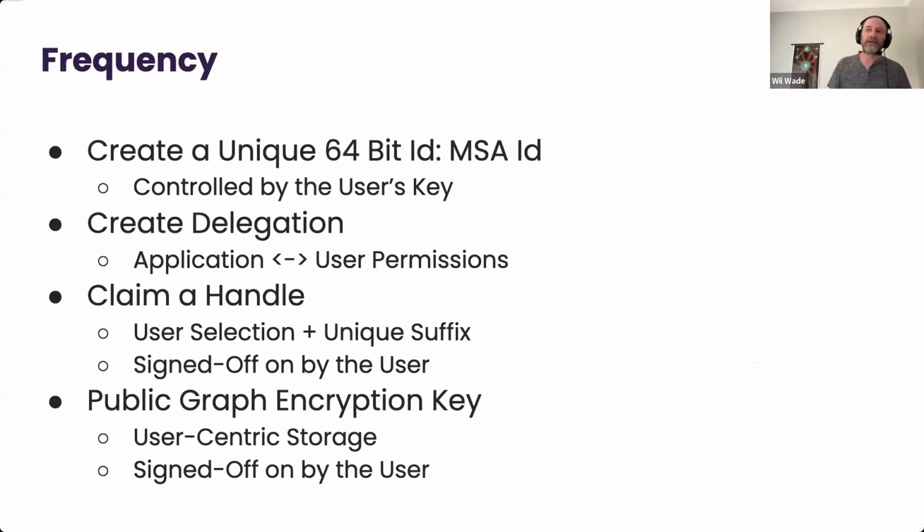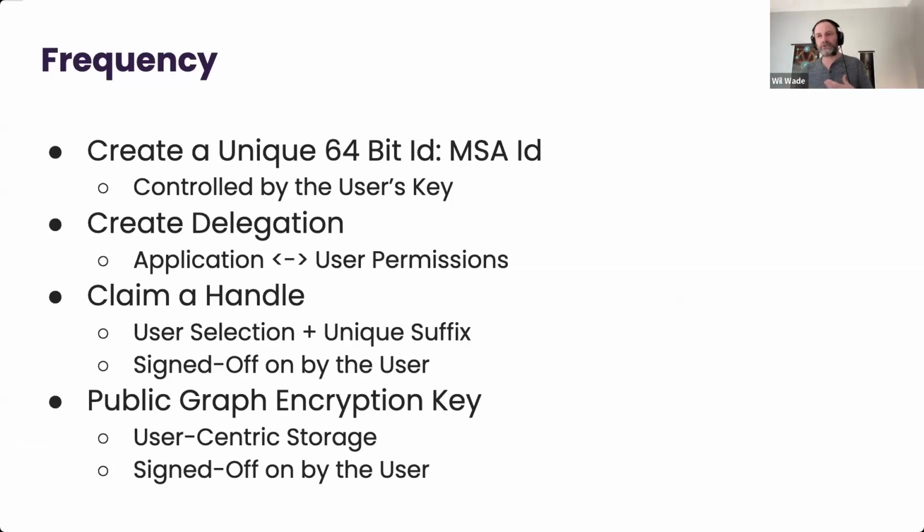So it's going to create that unique 64-bit identifier. Again, harkening back to the previous frequency architecture series, that's the unique identifier for the user on the chain, and it's completely controlled by that user's key. So nobody can do anything without that user's key authorizing it.